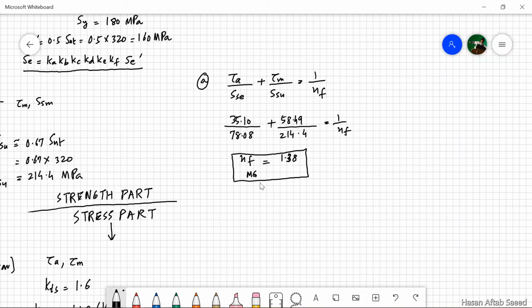Now, although the question statement doesn't say so, it's always a good practice to check for yield. Why is it a good practice? Let's explain it here.